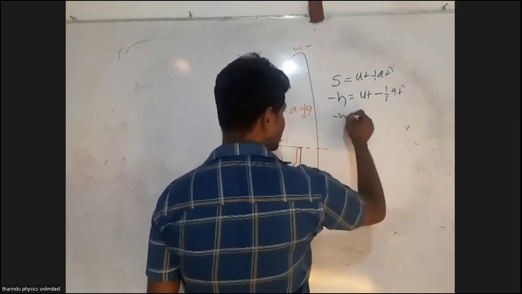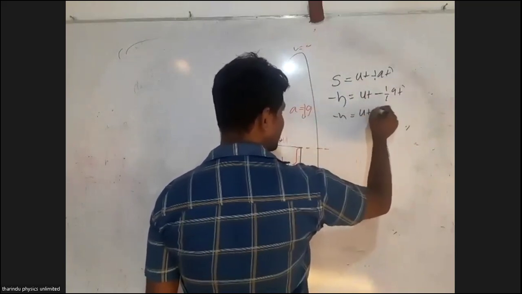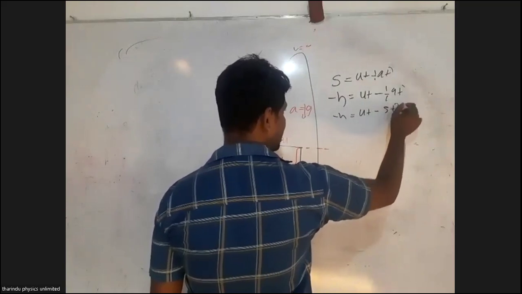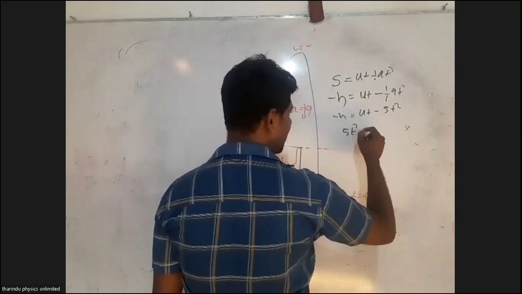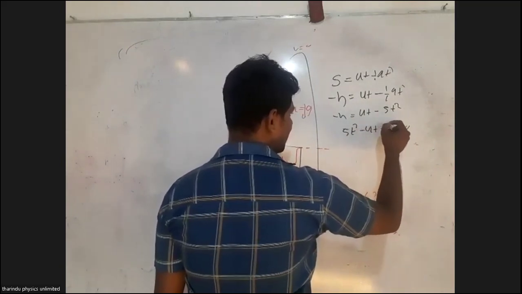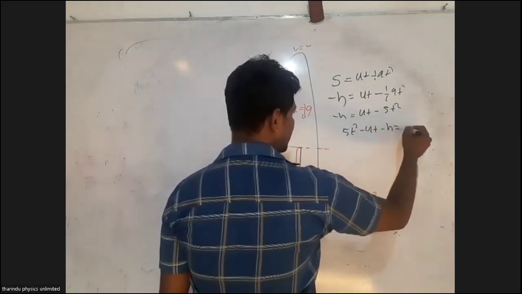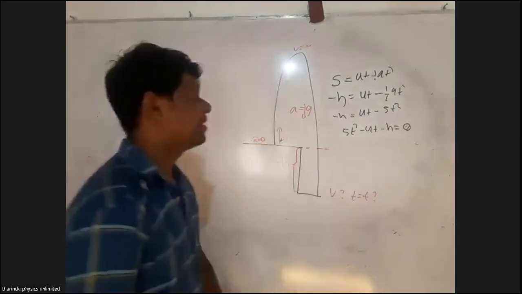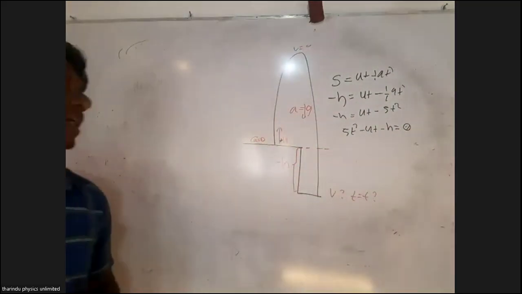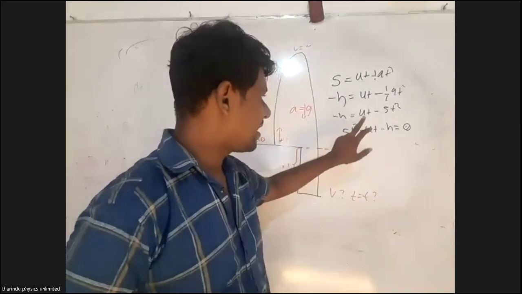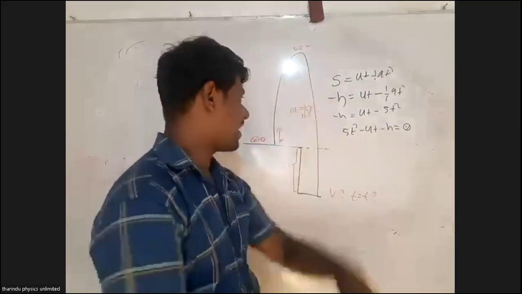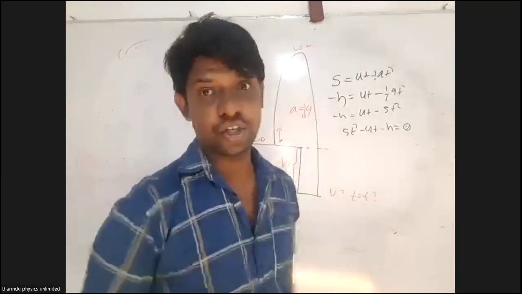I told you gt square means 5 t to the power 2. When you resolve it, you get 5t square minus ut minus h equals 0. Then you just have to solve a quadratic equation and find the time here. Understood or not?